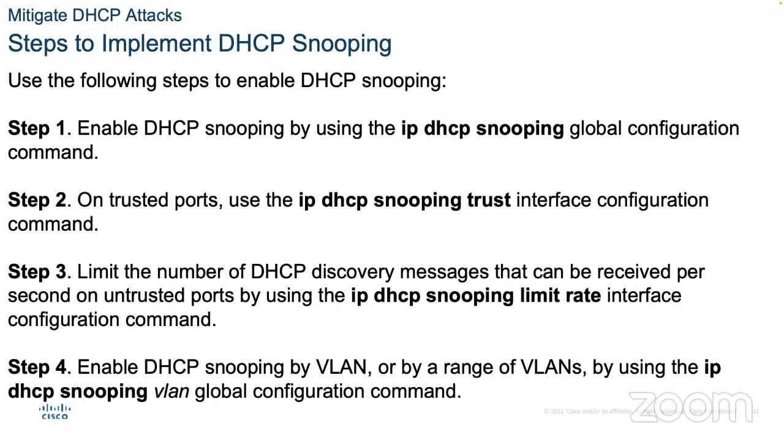Here's a 4-step process in implementing DHCP snooping to prevent this type of attack on your network. Use ip dhcp snooping, enable trust on those specific interfaces, and put a limit rate. If you want to enable it on a VLAN, you can as well.